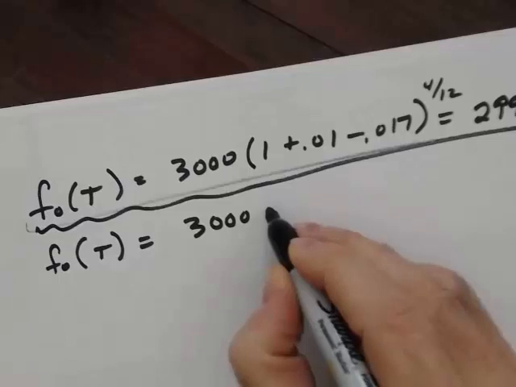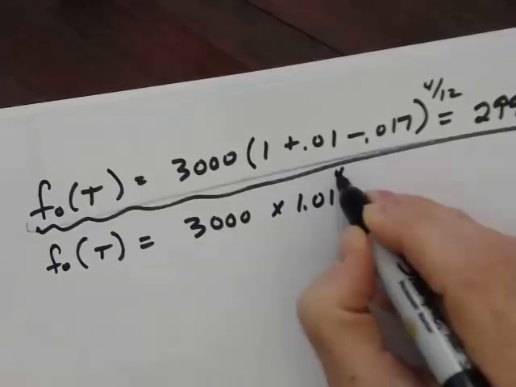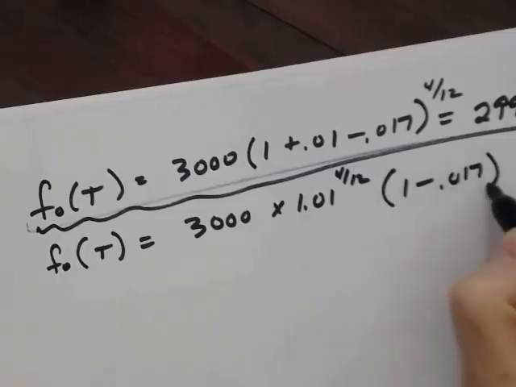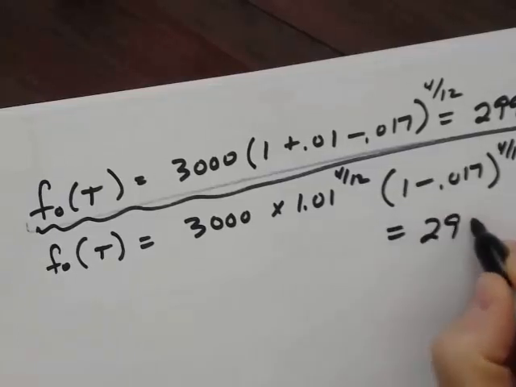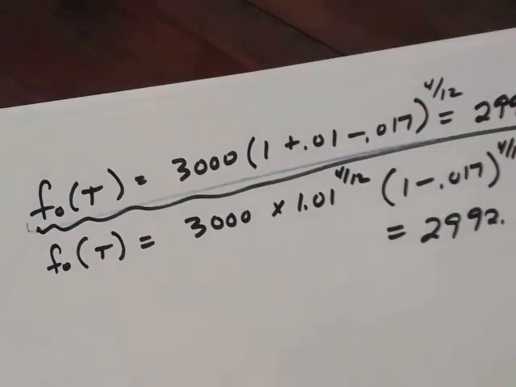So you can think of this as, look, the cost to carry is 1% for 4/12 of a year, and then look, you have to subtract out the dividend yield for 4/12 of a year, and when you get done, you get $2,992.81, and so wow, 17-cent difference.